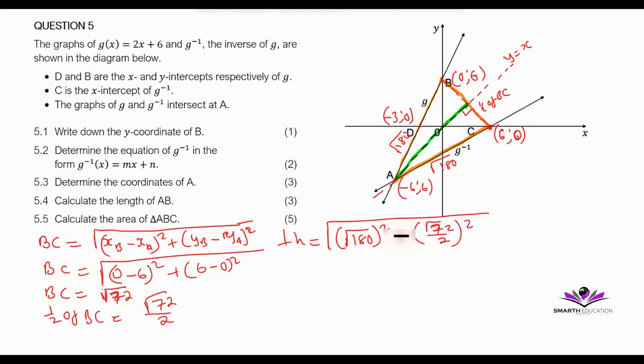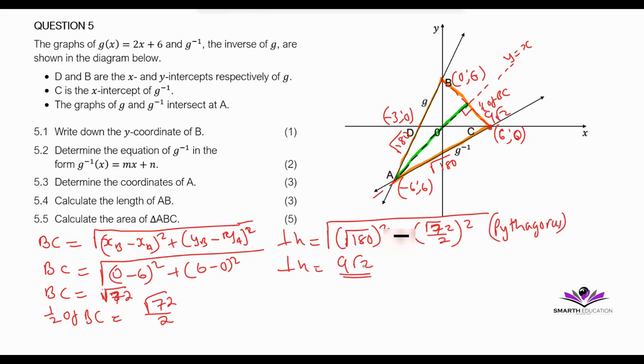And then this is the Pythagoras theorem. And then therefore the perpendicular height, if you put this in the calculator, you must get 9 root 2. So the perpendicular height here is 9 root 2.